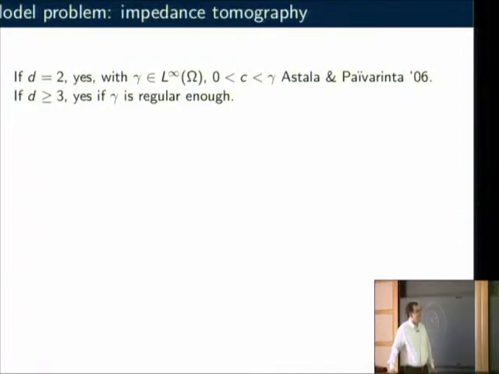It tells you, of course there is a method to construct, but what does it tell you? Before I answer that, what is the situation in dimension 3? It depends on gamma, meaning that if it's piecewise analytic or if it's relatively smooth, Lipschitz for example, then the answer is yes, and you don't know in general.